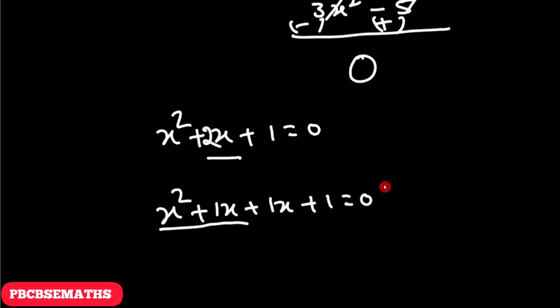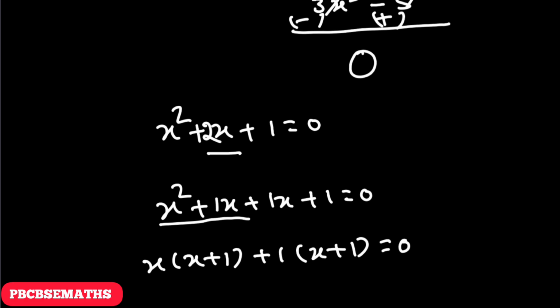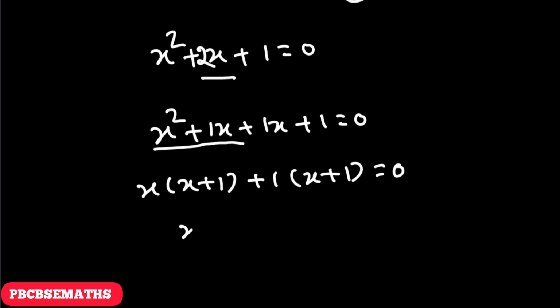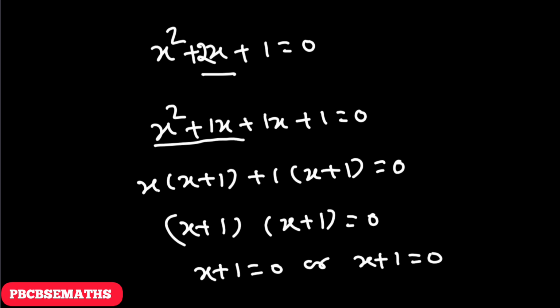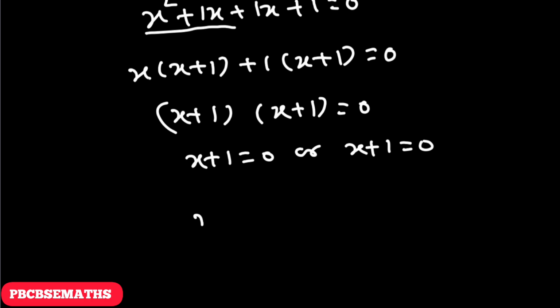Then we factor out x in the first two terms, and we have x plus 1 here. In the last two, let's factor out plus 1. Here also we get x plus 1 in the bracket. Then we can rewrite it as x plus 1 times x plus 1 equals 0. Then x plus 1 equals 0, or x plus 1 equals 0. At last we can write x equals minus 1 or x equals minus 1.